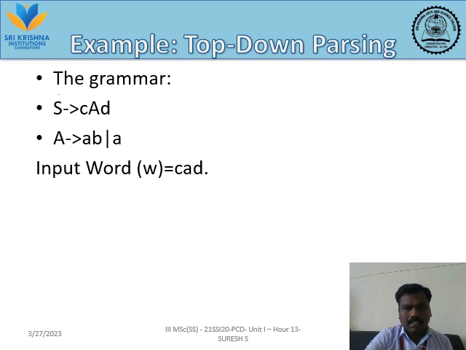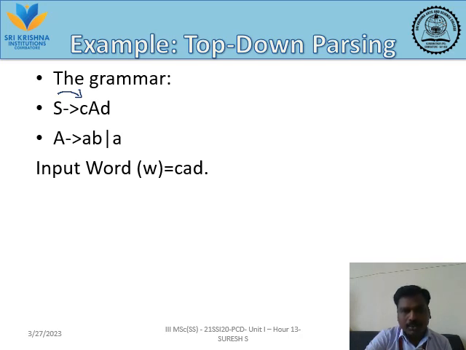This S is elaborated, or it can be substituted by the right-hand side, which means the grammar rules, or the production rules, we can say. We have only two production rules in this grammar. S produces small c, capital A, small d.